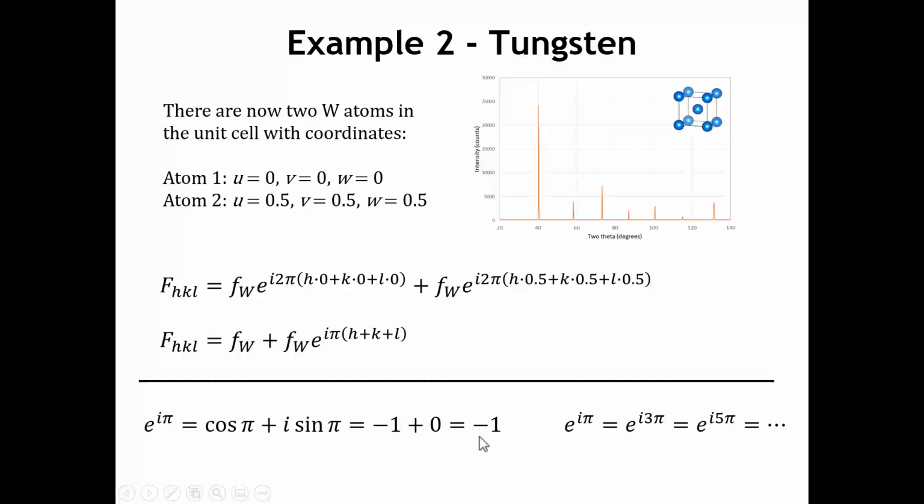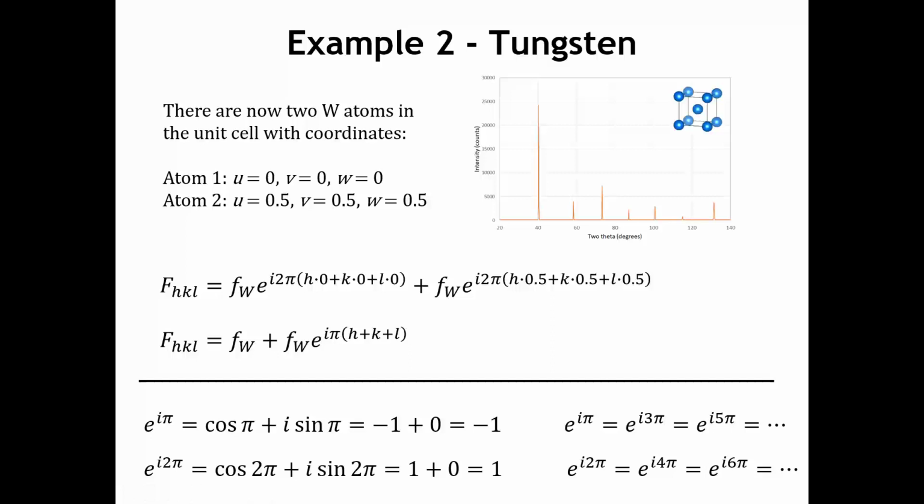It's a real number, and its value is -1. And that's also true for e to the i 3 pi, e to the i 5 pi, e to the i times any odd integer multiplied by pi. And of course, h, k, and l are all integers. So when we sum them, we're always going to get an integer. And if that integer happens to be an odd number, then this whole term is going to become -1.